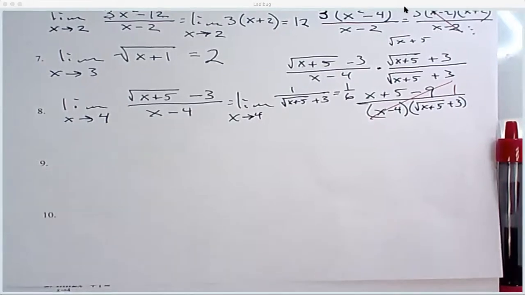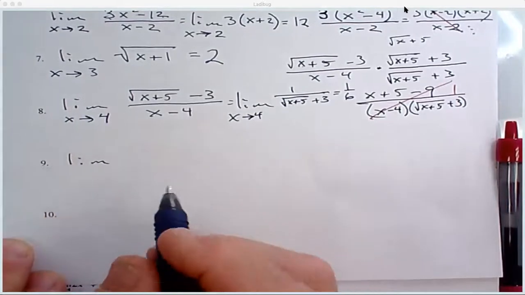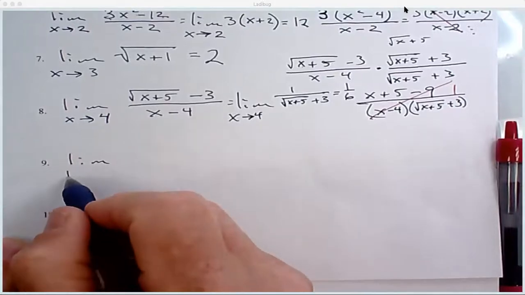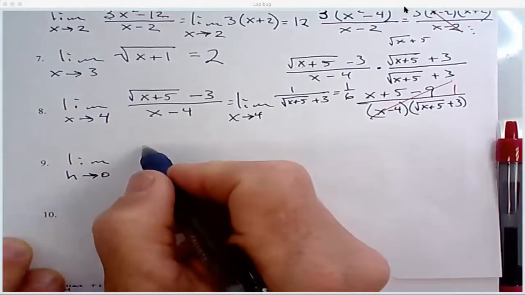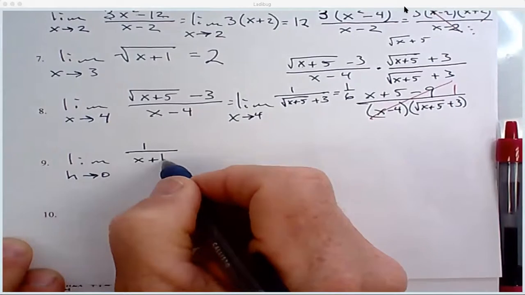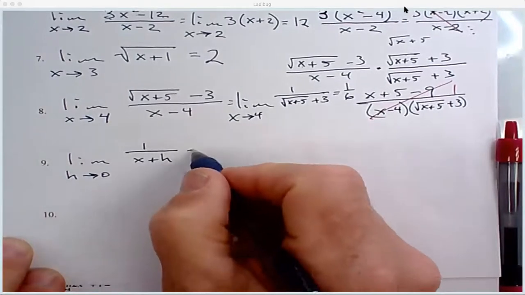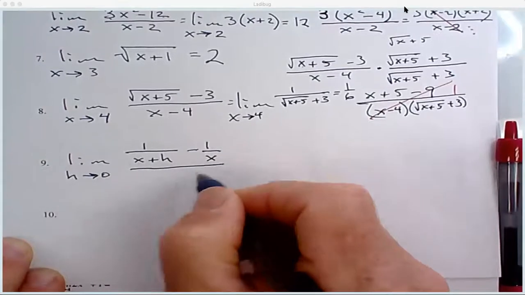these next two are going to be the types of questions that are going to be on that test and the quiz, okay? And maybe the quiz on Monday. So it's going to look kind of different, and it's the limit as h approaches 0, and I'm going to have a fraction on top here, x plus h minus x, minus 1 over x, all that over h.